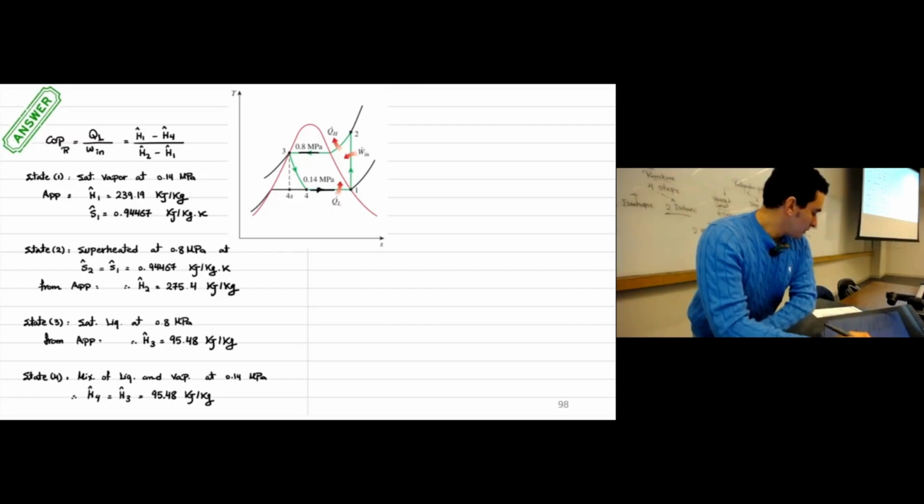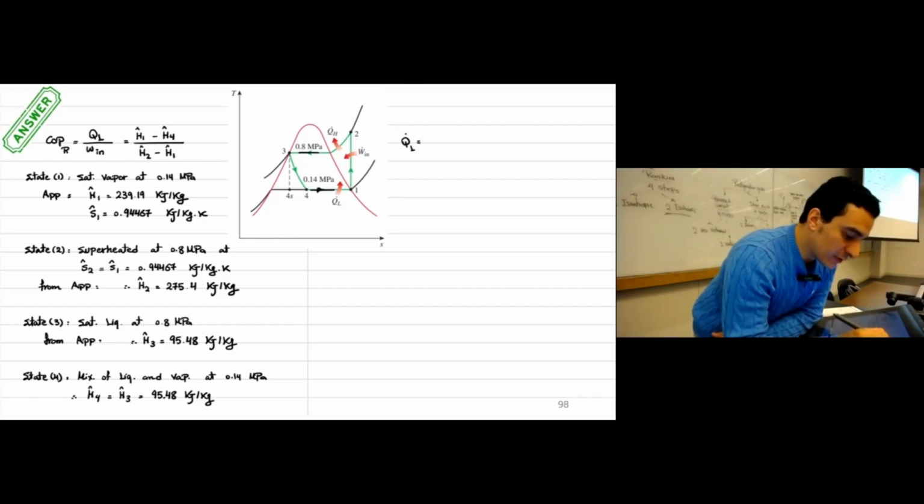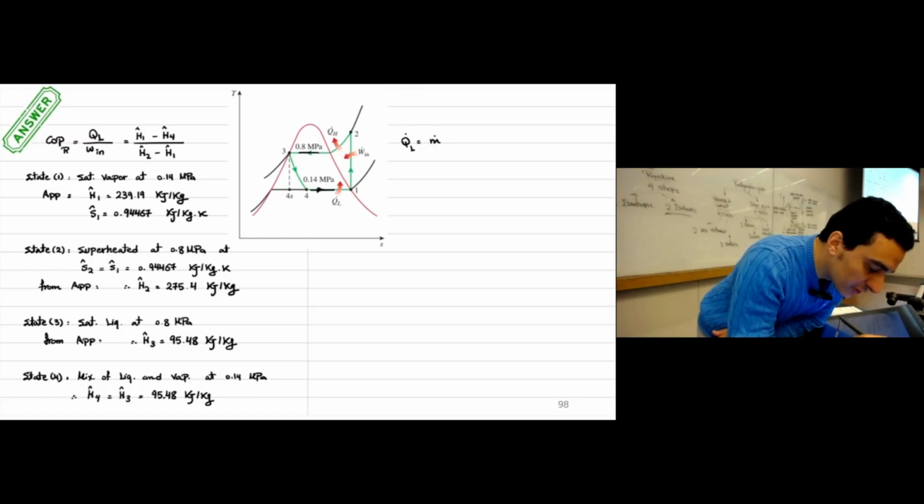Okay, so let's see, if I need to find the QL, in this example, he need to find rate of heat removal. So QL, this one will be the mass flow rate given times H1 minus H4.